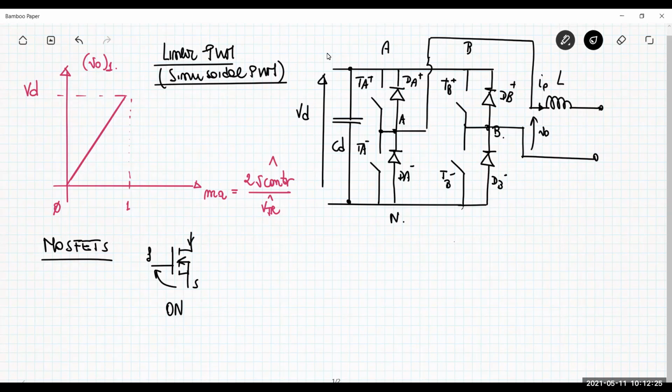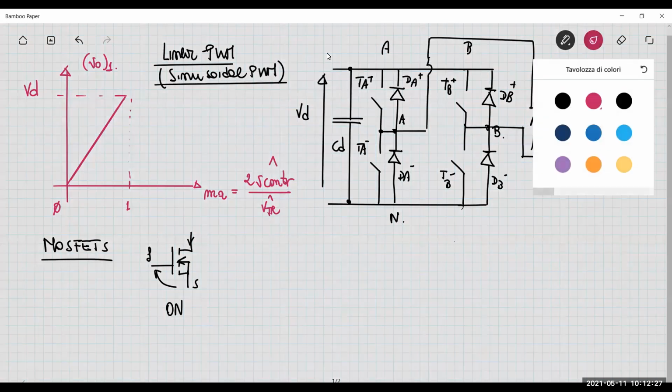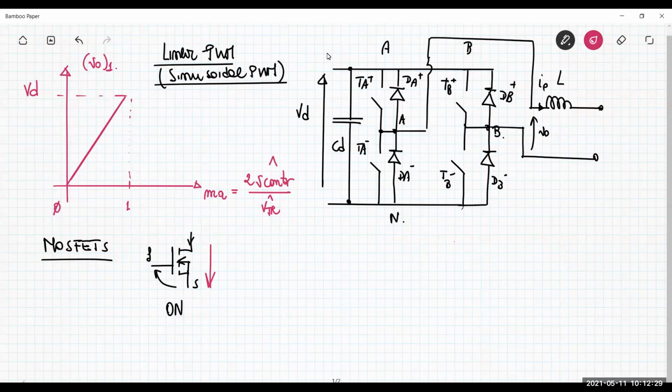Okay, so the current when the MOSFET is on can be in this direction from the drain to the source, or also in the opposite direction. Okay, when the MOSFET is on, the channel is formed into the body region of the MOSFET, and this channel can be the path for current flowing in both directions.